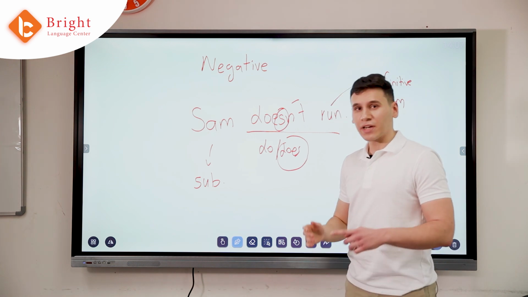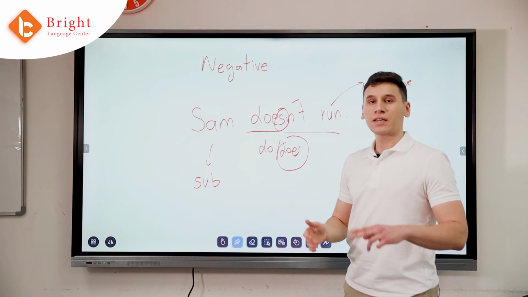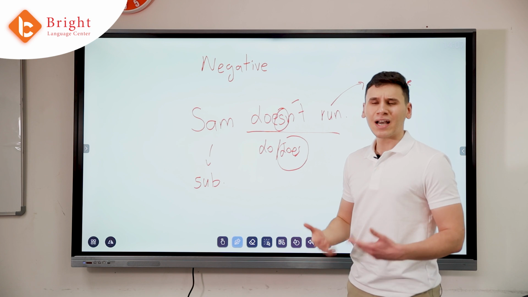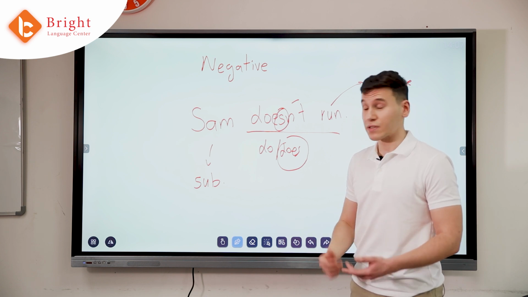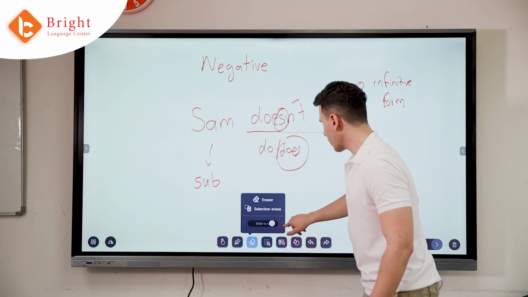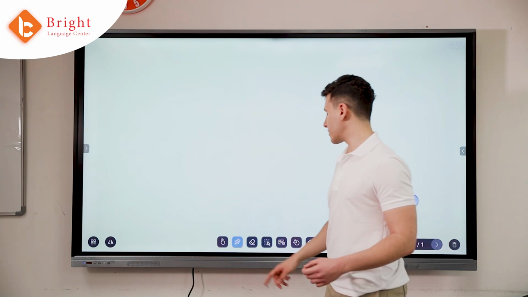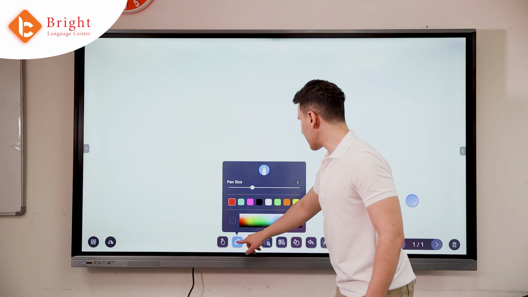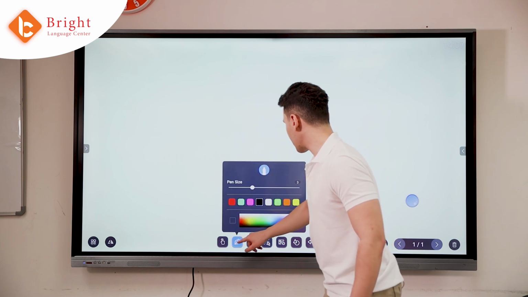Okay, now that we understand how to make affirmative sentences and negative sentences, finally, how can I use the present simple to make questions? Well, good question. Let's take a look. With questions, it's a little bit different. We must use do or does again. So in this case, let's list the pronouns again.